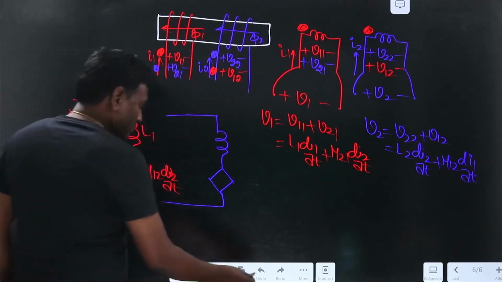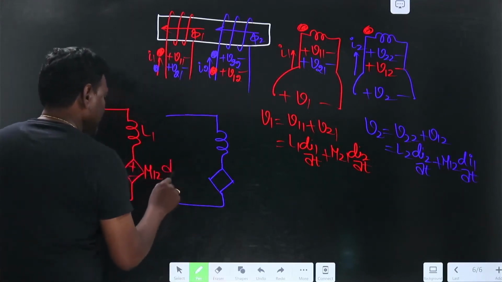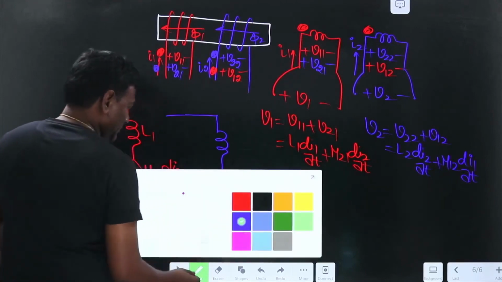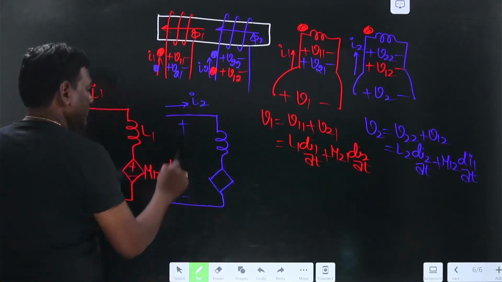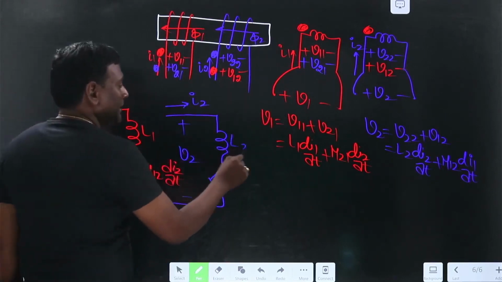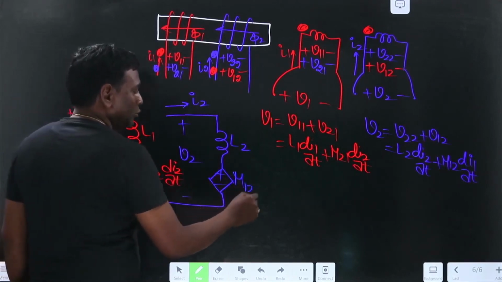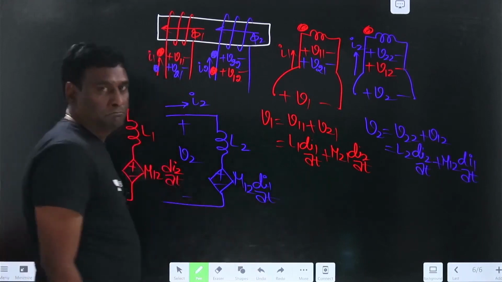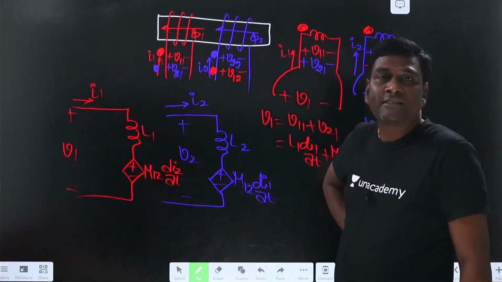Now this is di2 by dt. Now in blue, if I think of this as I2, the voltage is going to be V2. V2 equals L2 di2 by dt plus M because of 1, di1 by dt. In this way the equations can be written.